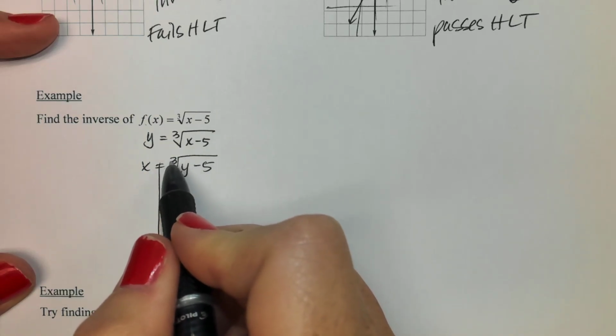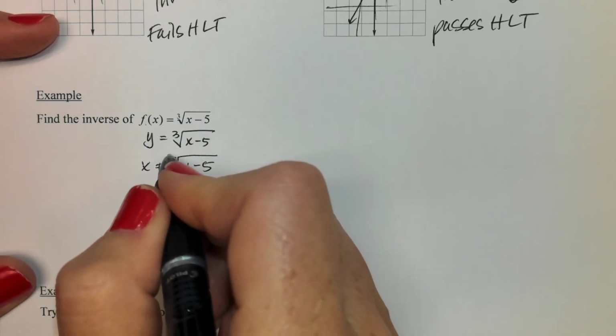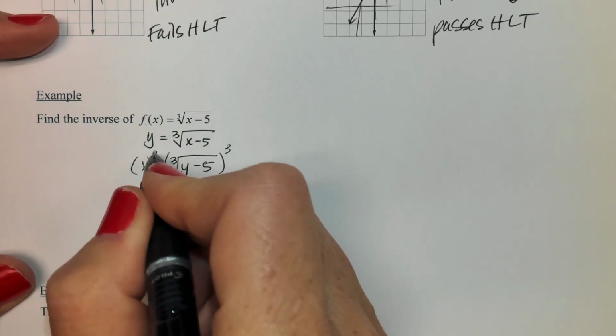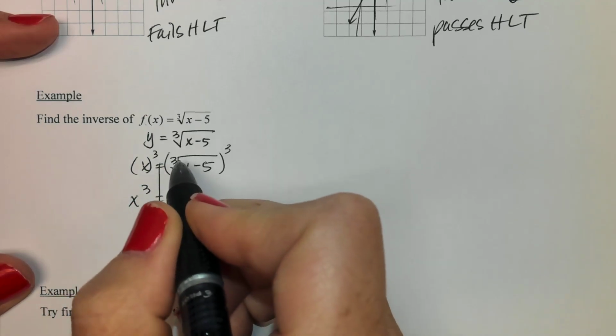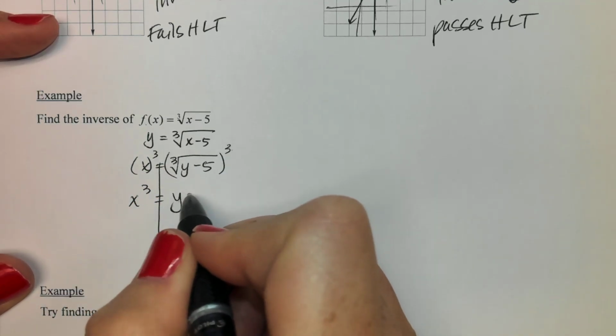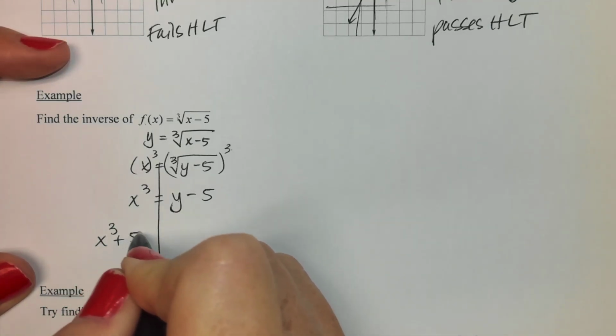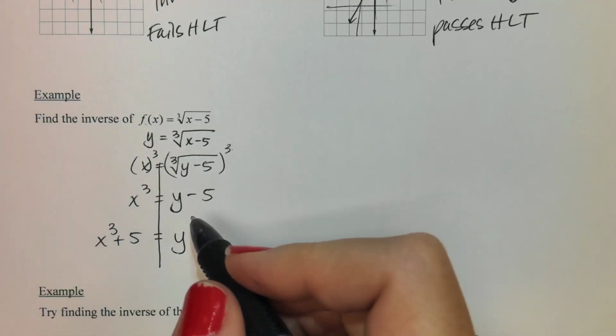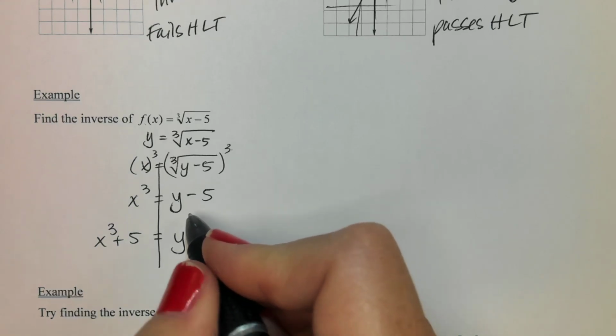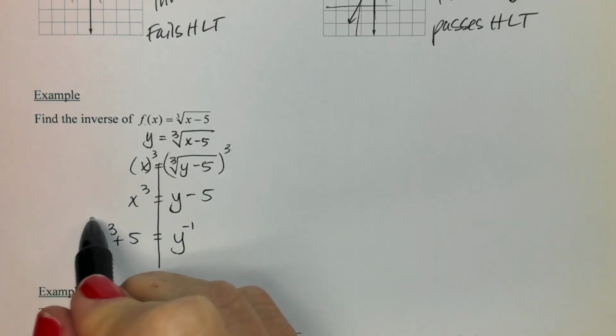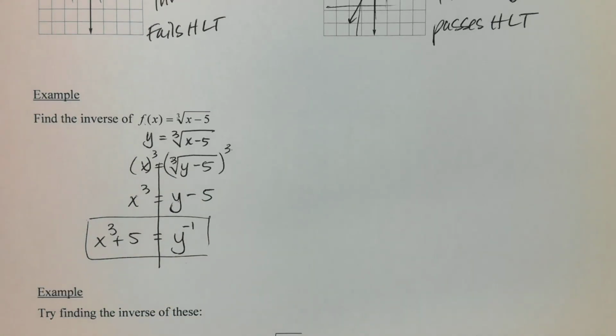So in order to undo a cubed root, I would cube both sides. So I have x cubed, and then the cubed root and the cubed will go away, so I have y minus 5. And then I will add 5 to the other side, so I have x cubed plus 5. And when we annotate that this is now an inverse, we put a little -1 there, and that is your inverse. So even if you don't have a picture, we could still find it algebraically.